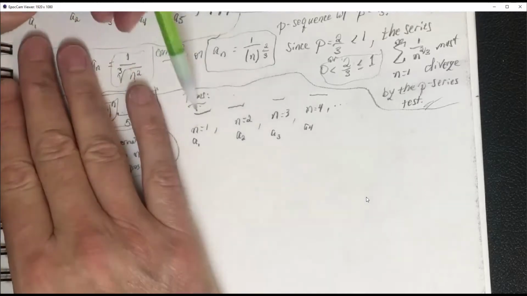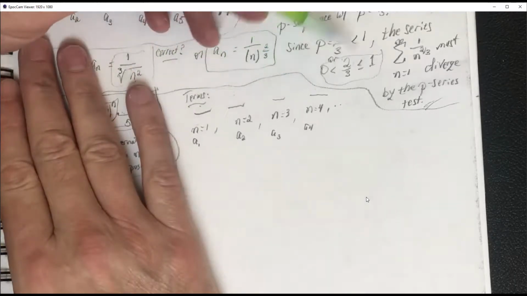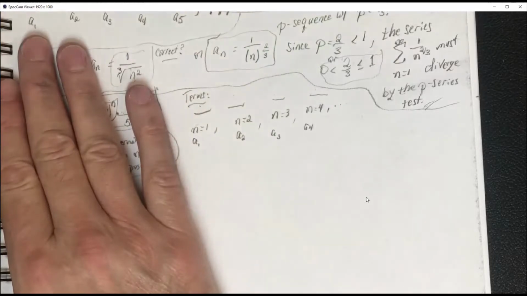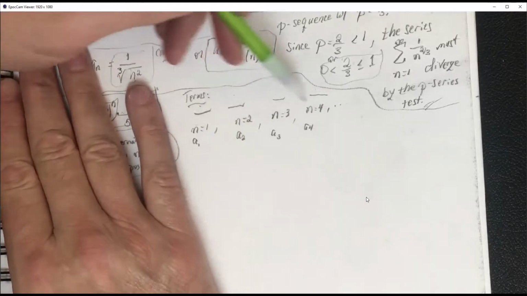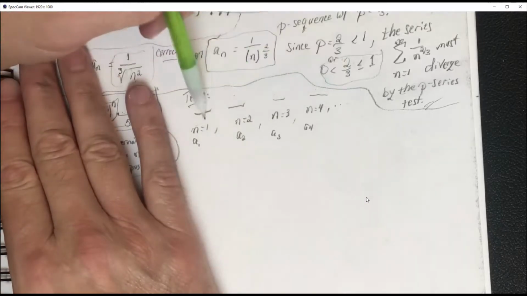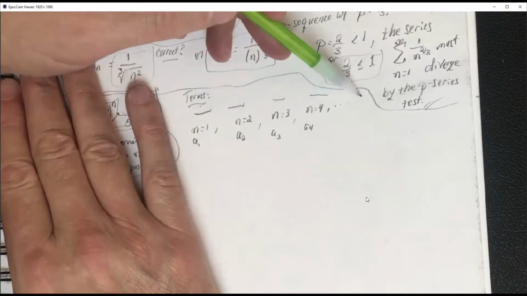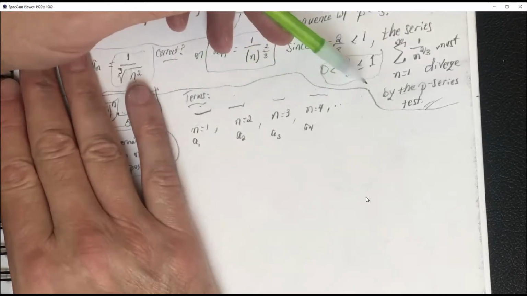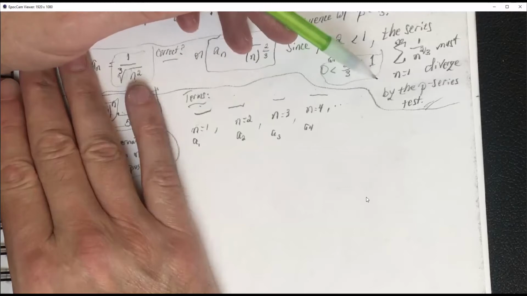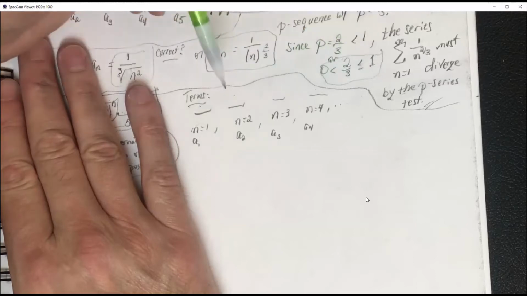What happens if these terms don't converge to 0? They diverge. Then if it's a single finite number other than 0, then the terms of the sequence will converge, but when you add up the terms forever, it will diverge.